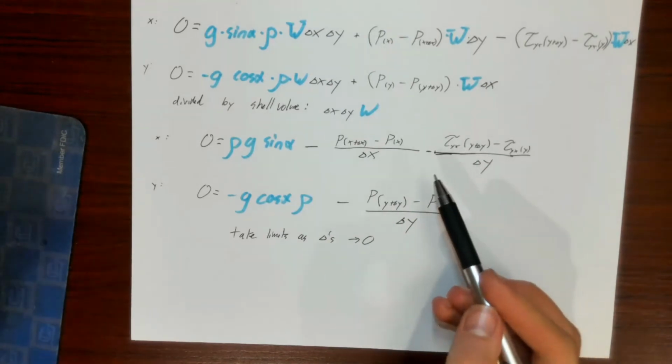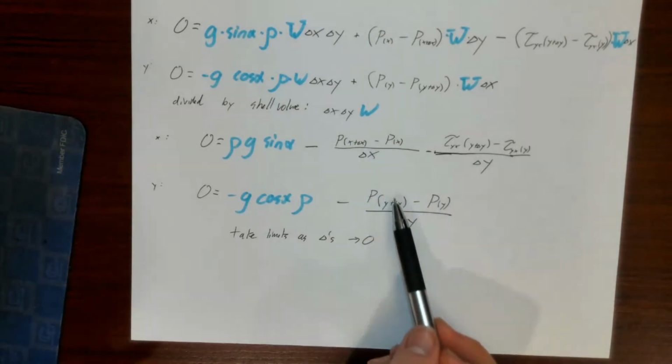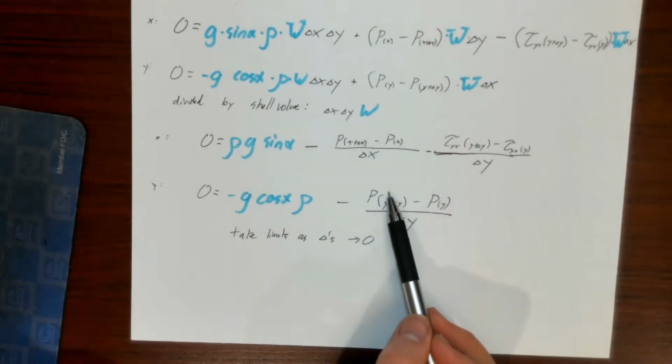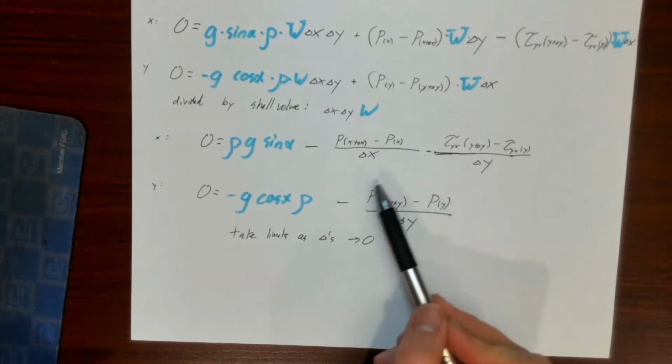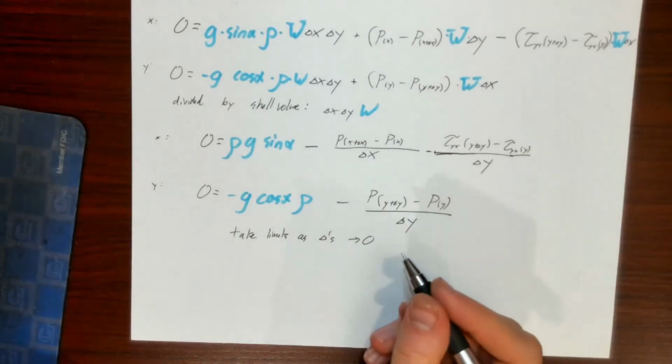Remember, pressure could, for example, be a function both of x and y. Hypothetically, these things could vary both in x and y.